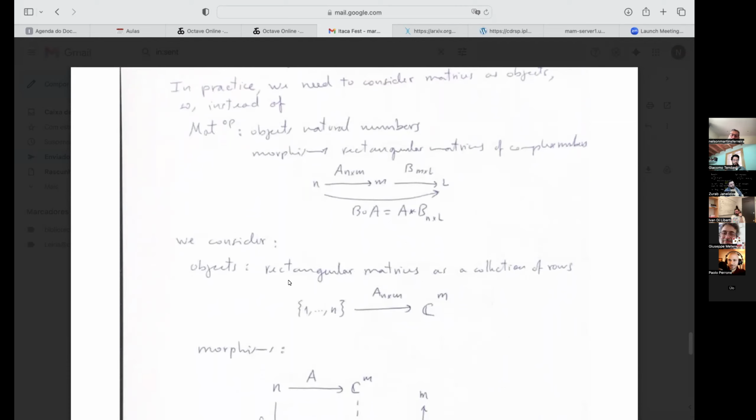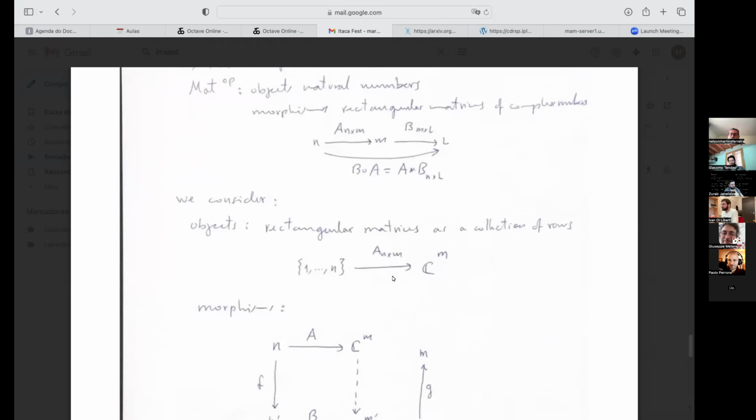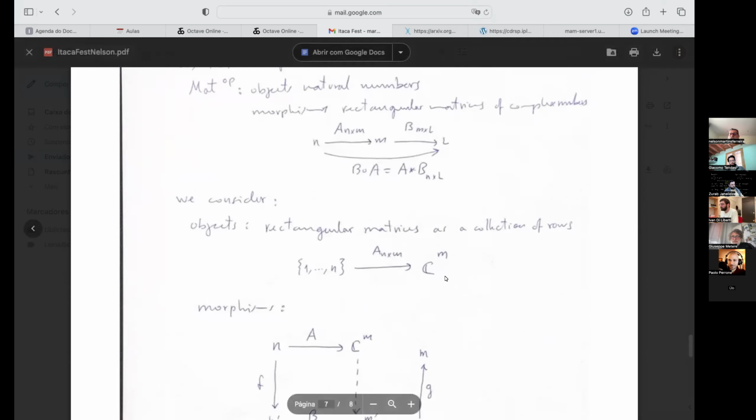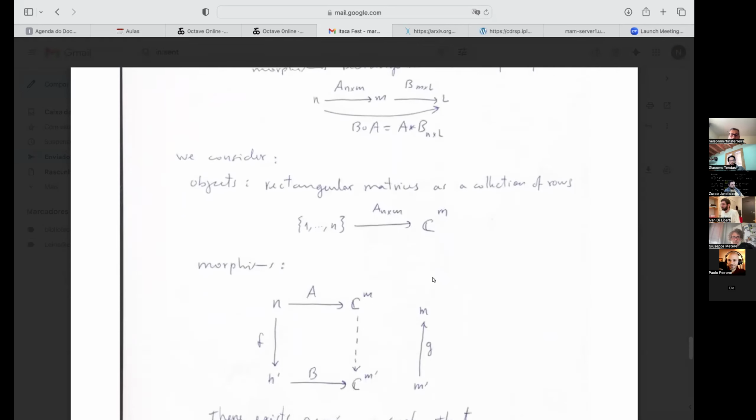And how do we make it compatible with the previous definition of finite ordinals and subobjects and so on? Well, we consider a matrix as a collection of rows. So for our purpose, a matrix will be a map from the list of indexes of rows into Cn, where Cn is the number of columns, the length of the rows.